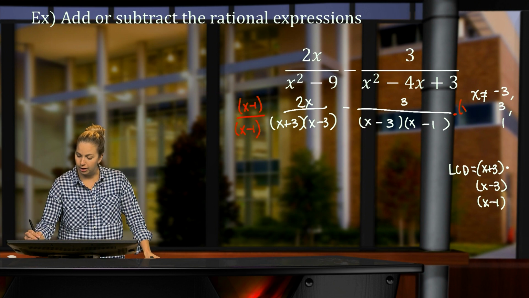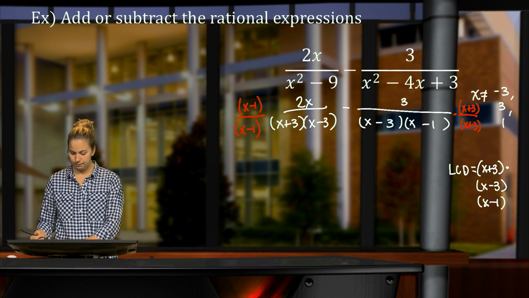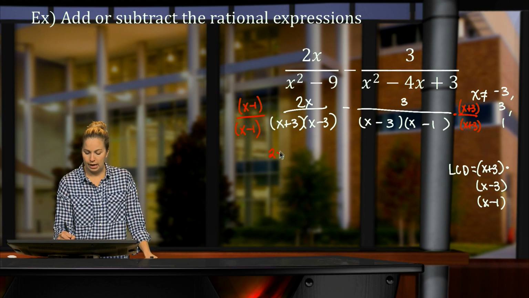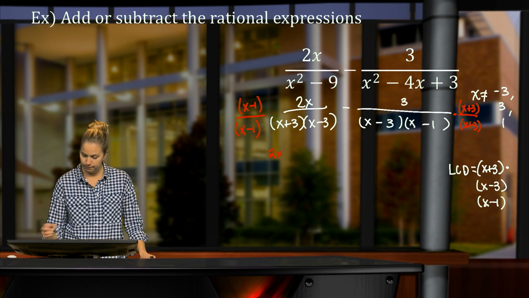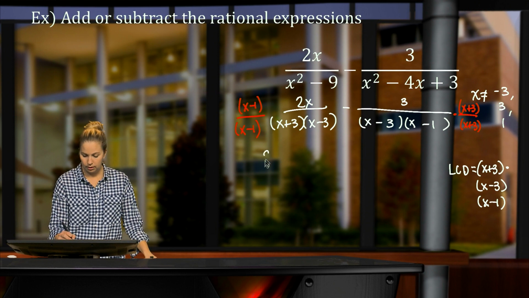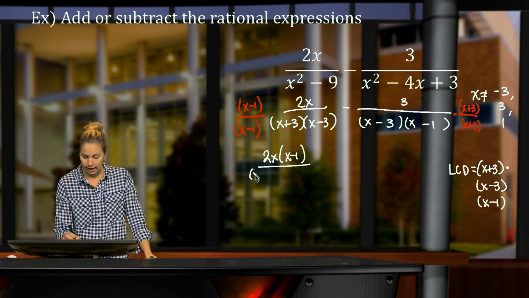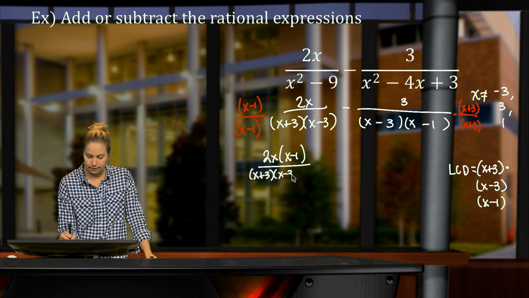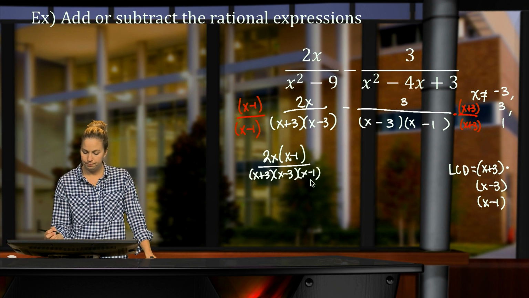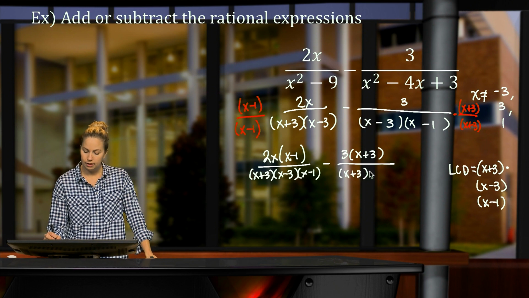So I multiply the entire fraction by x plus 3 divided by x plus 3. 2x times x minus 1 over our LCD, x plus 3, x minus 3, x minus 1, minus 3 times x plus 3, divided by our LCD, x plus 3, x minus 3, x minus 1.